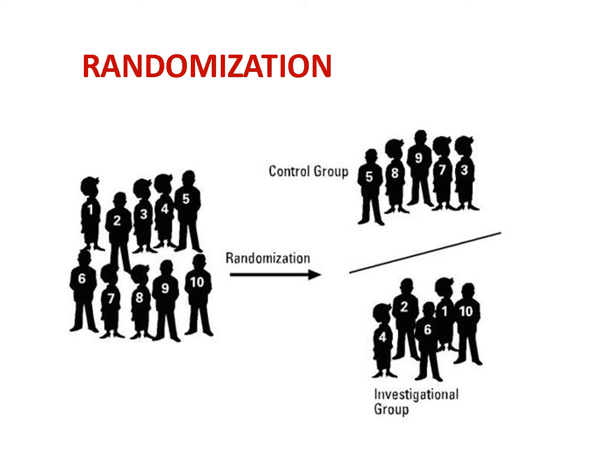So please look at this slide. There are 10 participants, 10 people. They are randomly allocated into either the control group or the experimental group. In this example, numbers 5, 8, 9, 7 and 3 are assigned to the control group. Numbers 4, 2, 6, 1 and 10 are assigned to the experimental or investigational group.